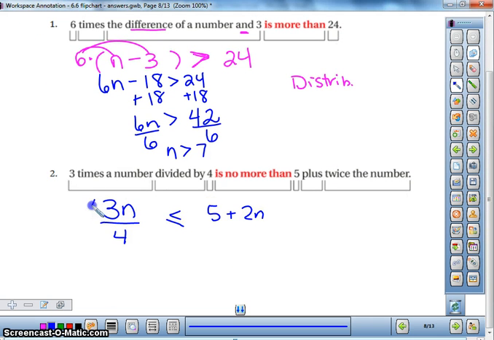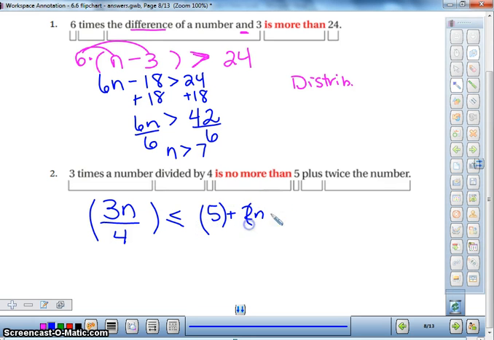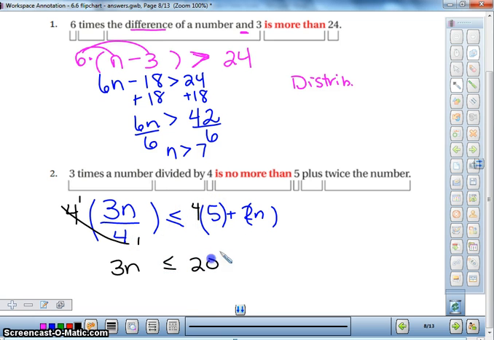So we are going to multiply on both sides every single term by 4. If I multiply by 4, I am now going to have 3n because 4 over 1 cancels. Is less or equal to 20 as I multiply plus 8n.